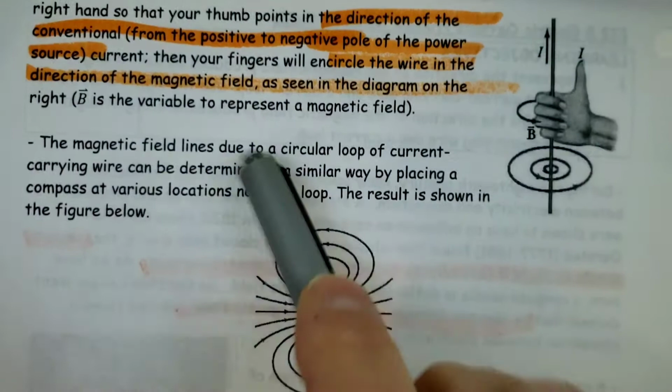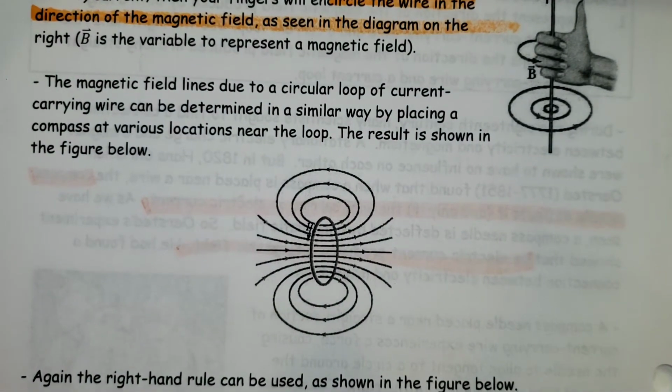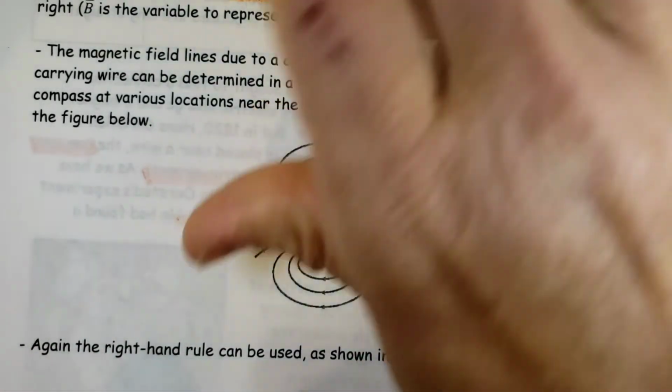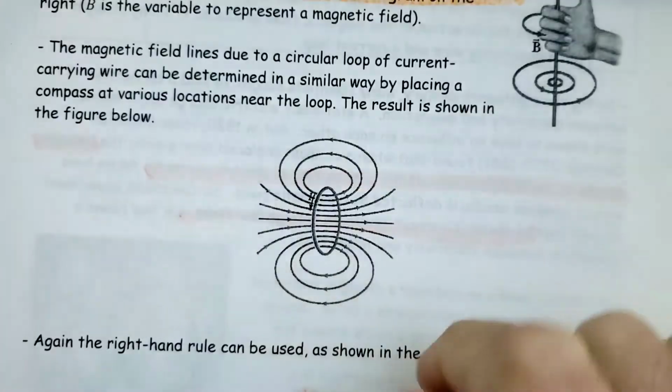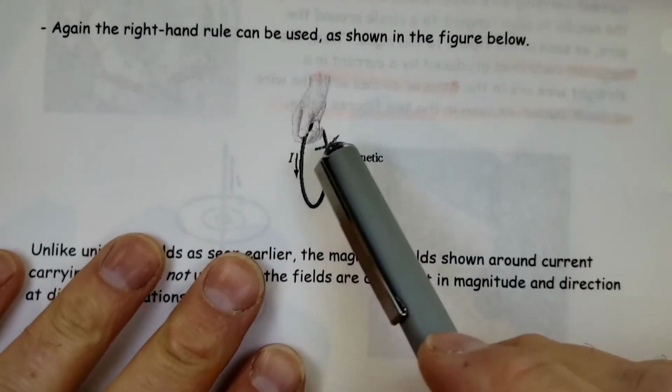Magnetic field lines due to a circular loop of a current carrying wire can be determined in the same way. So if I have a loop here, have your thumb and then grab around that loop, and you would get the same result there. Kind of easier to see this loop here.